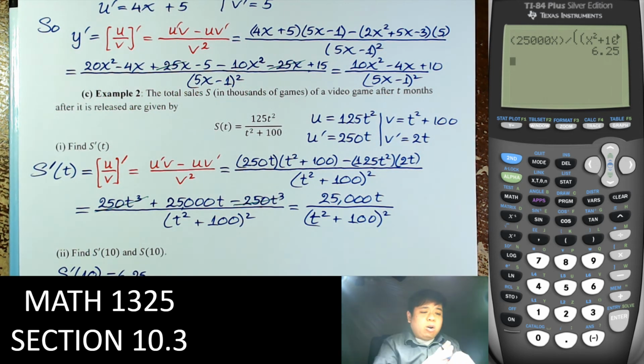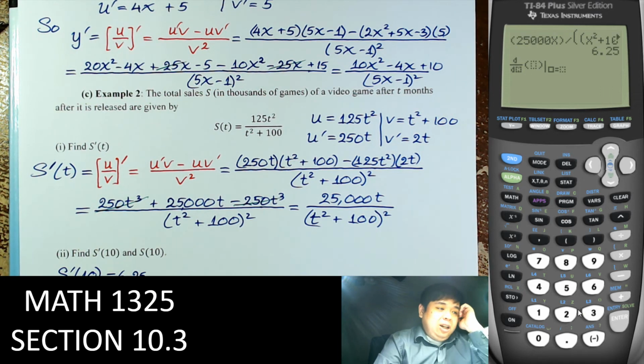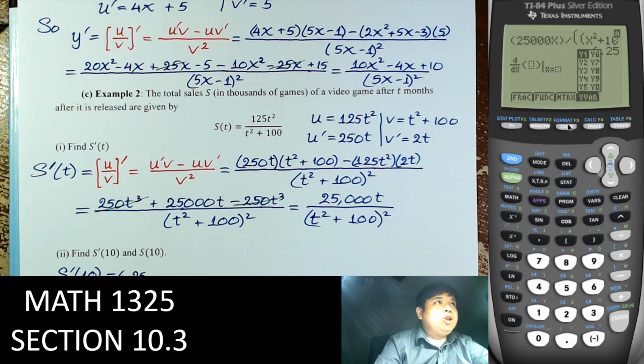Now, there's another way to do this. Just take the derivative of this function: math, go to option number 8, numerically find derivative. Enter the function. If you want the fraction, hit alpha, alpha, zoom.